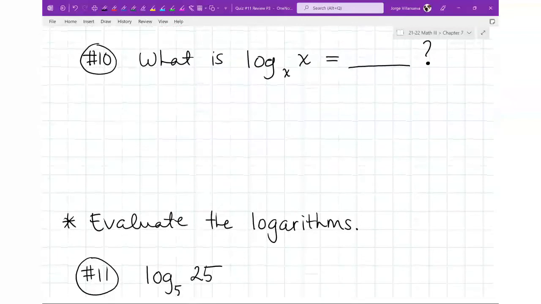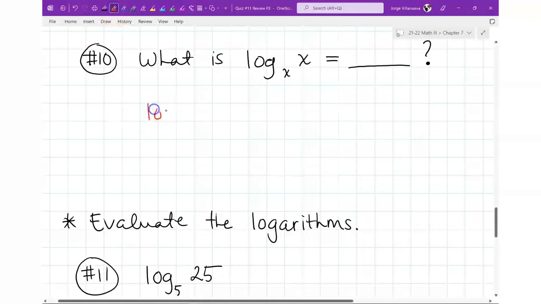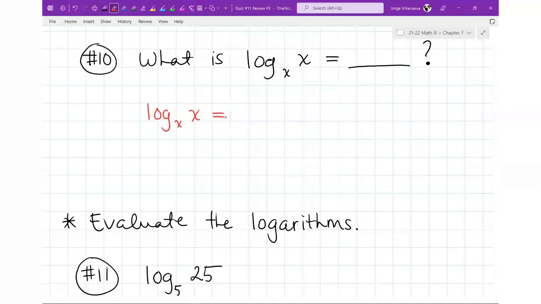What is log base x of x equal to? So this is kind of a little weird. Log base x of x is equal to. Now remember how I told you if they don't tell you what it's equal to, just give it a letter, any letter you want. It doesn't matter.